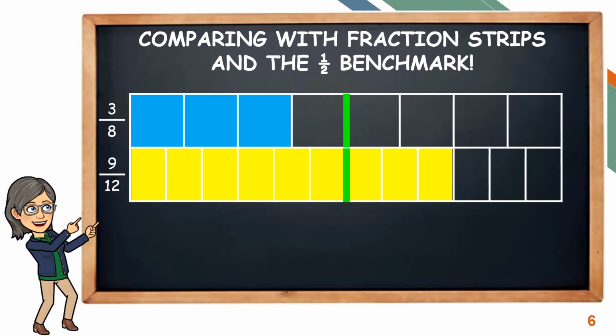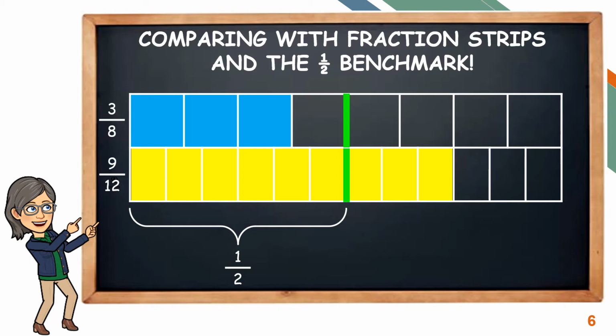To use 1/2 as a guide to compare 3/8 and 9/12, we need to see how close each fraction is to 1/2 of the fraction strip models. Let's start with 3/8. Looking at the model for 3/8, you can see that 3/8 is less than 1/2 of the whole model.